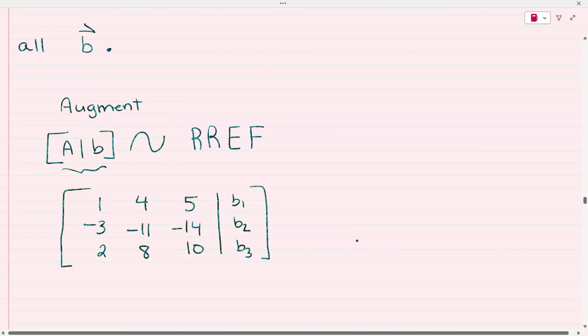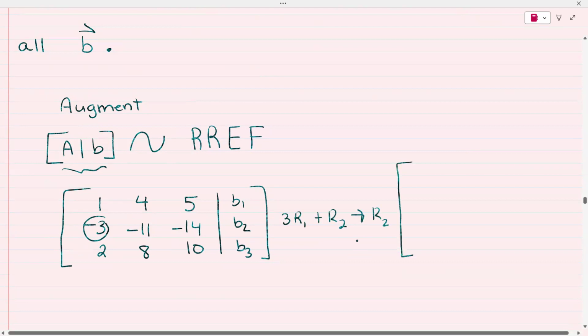So the first thing I would do is maybe make this -3 into a 0. So how would I do that? You would have to multiply 3 times row 1 plus row 2. And then that'll give us your new row 2.